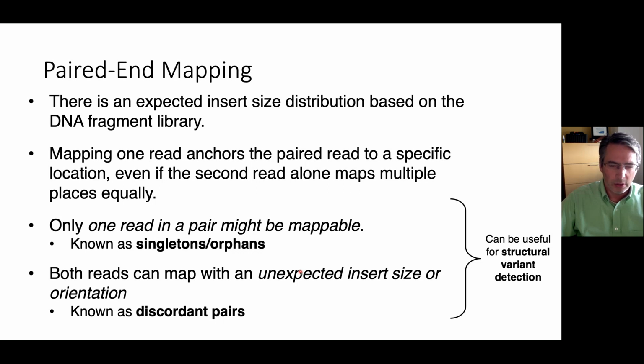We talked about this a little bit in part 1 too, right? When we talk about paired end mapping, there's an expected insert size based on the library prep. So you have your reads on the ends, and then you have an insert of known length, or at least you know the range of lengths that it should be.